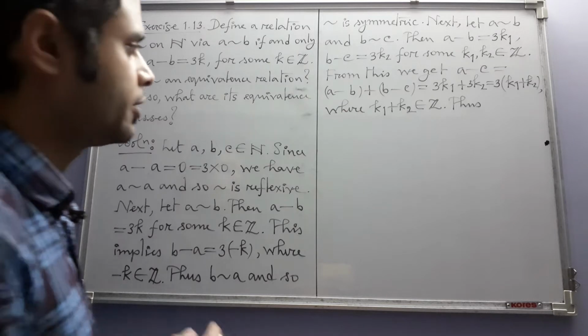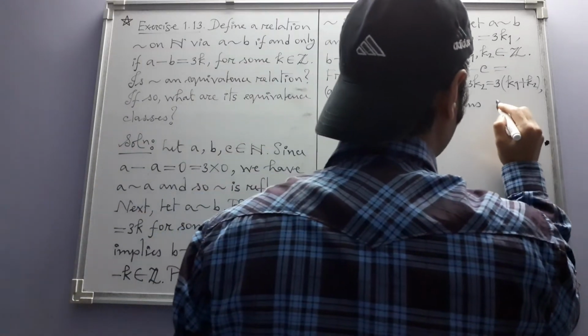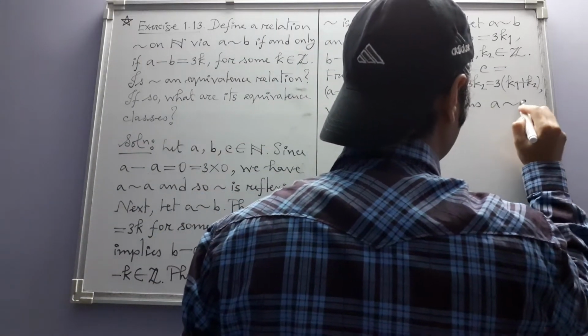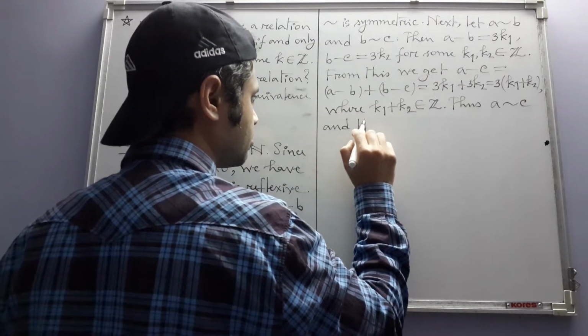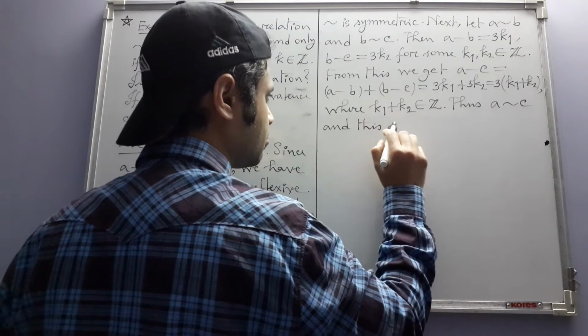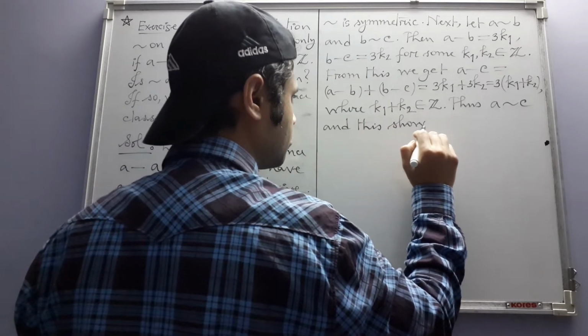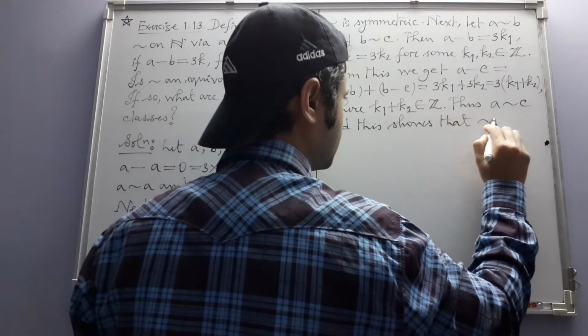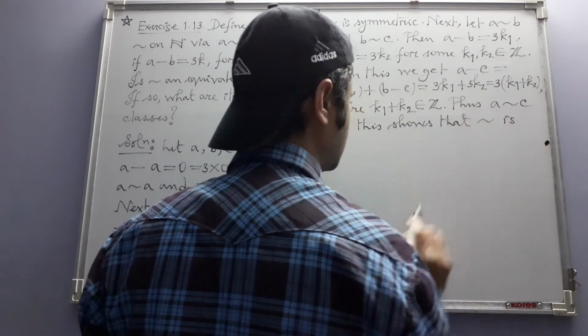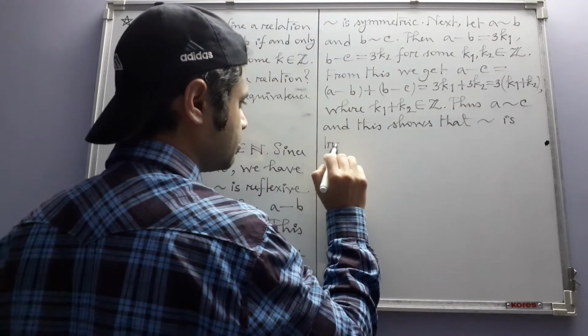So a is related to c by the definition of our relation, and this is transitive.